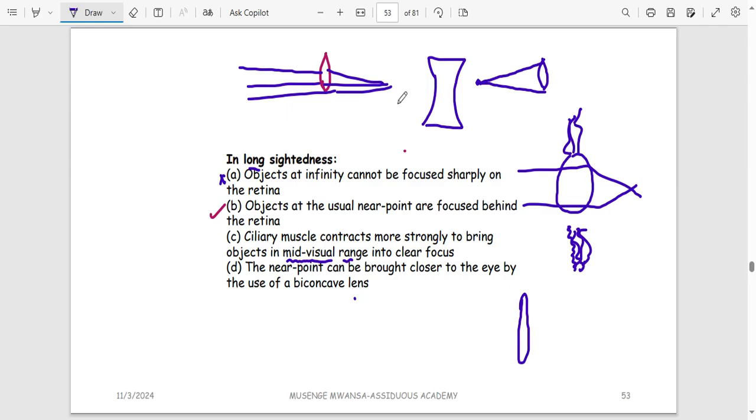What's the name of this lens? Not this lens, this lens will worsen the condition. The lens that you use is this one. Yes, you use a convex lens. Because it has two sides, you say biconvex. That's the one you use, not concave.